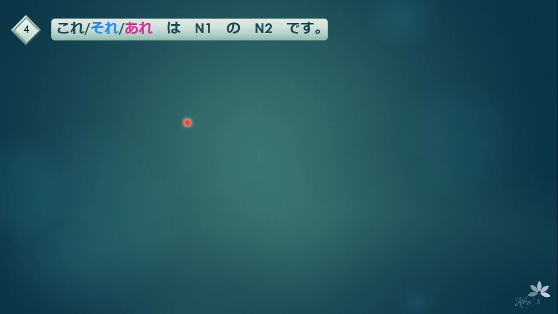Let's go to the next pattern. Kore sore are wa N1 no N2 desu. In the previous lesson, we have already learnt the use of no. Going to use in the same way. This N1 here can be a thing or a person.